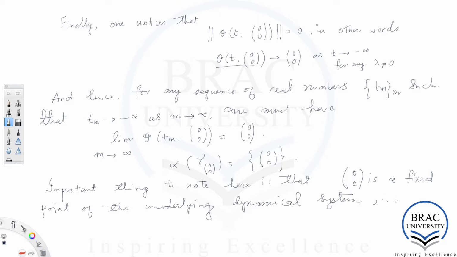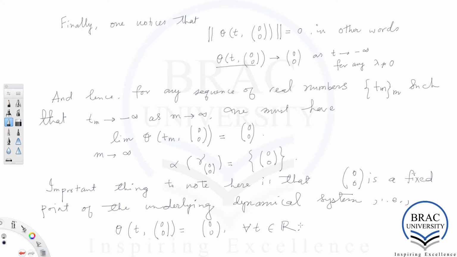That is, theta(t, (0, 0)) is going to be (0, 0) for any t in the set of real numbers, which we have stated here: (0, 0) is the fixed point of the underlying flow map.